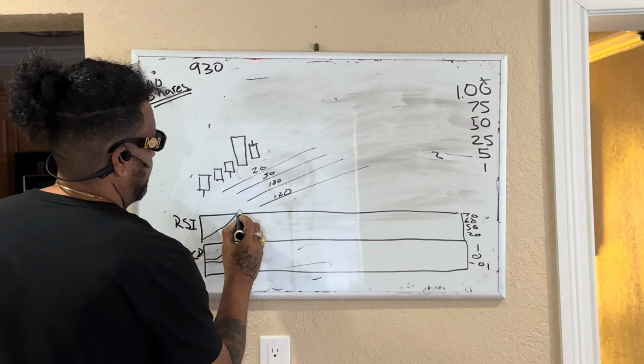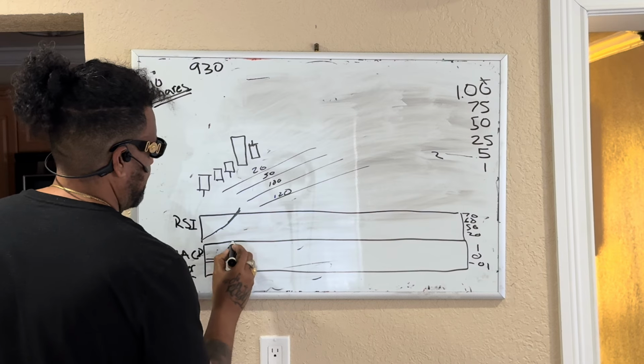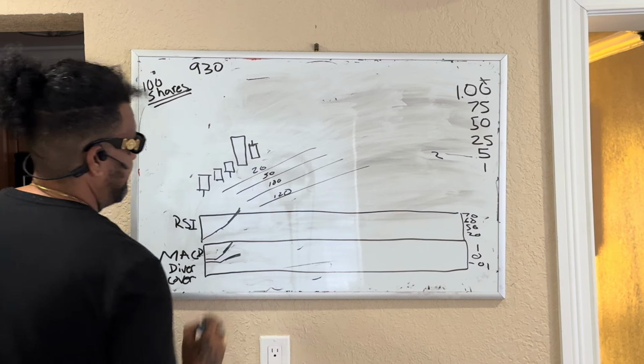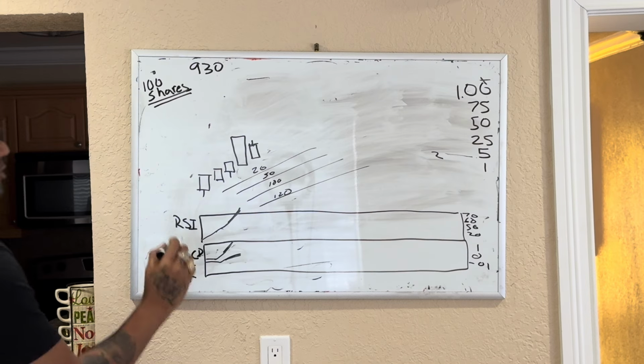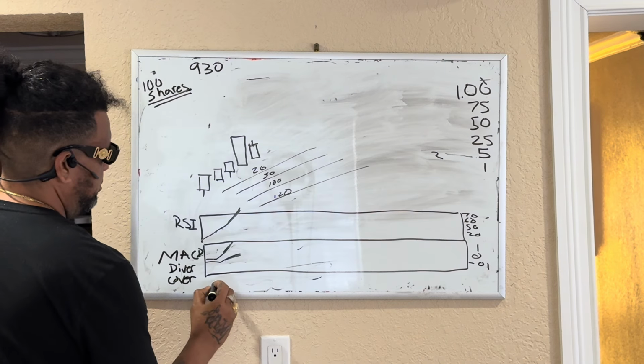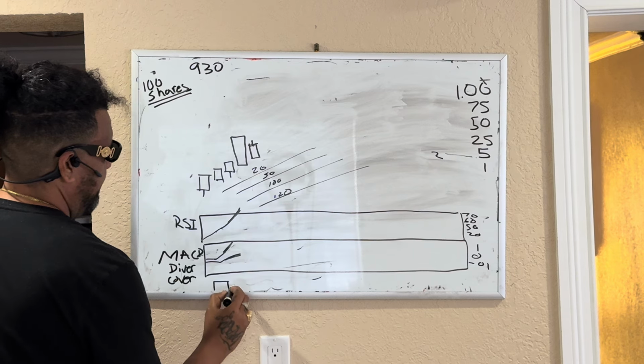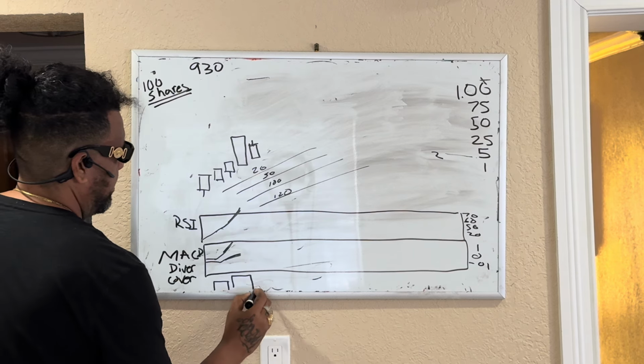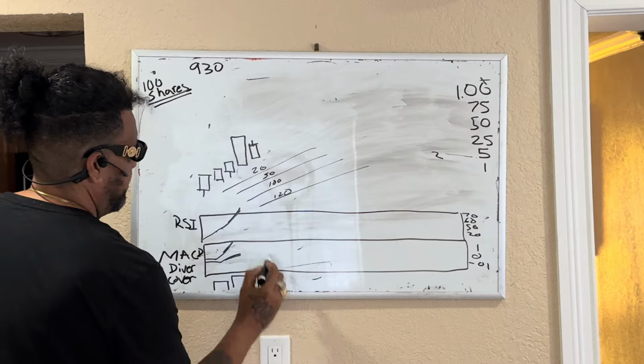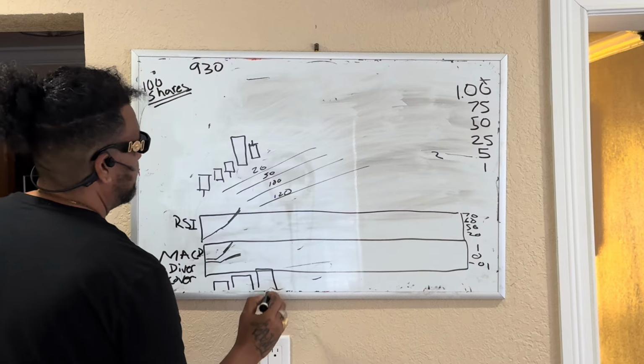But the RSI still is up. The MACD is still open. Also, you're going to see candles that later I'll show you in a picture that they're going to be growing, green. They're going to be on the top, they're going to be growing.